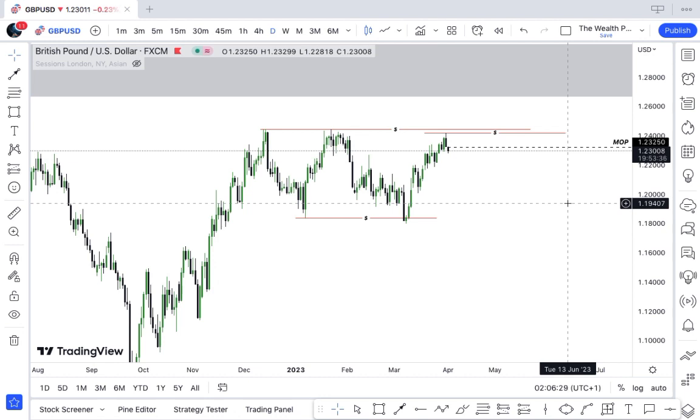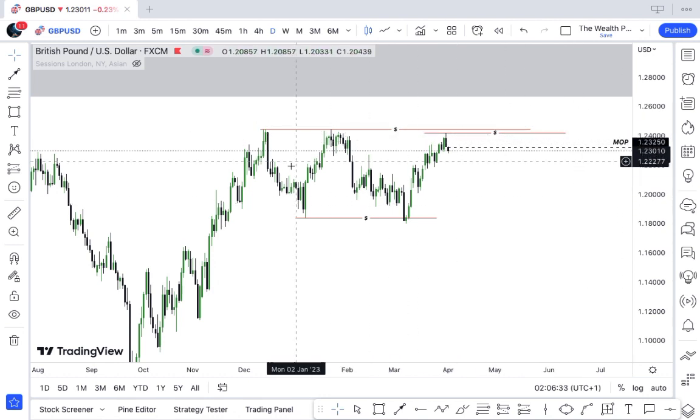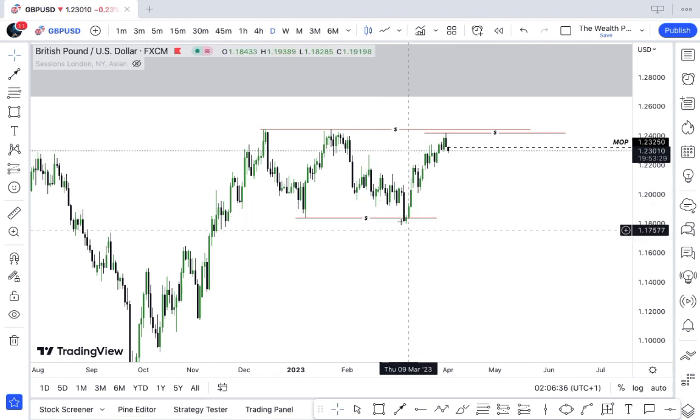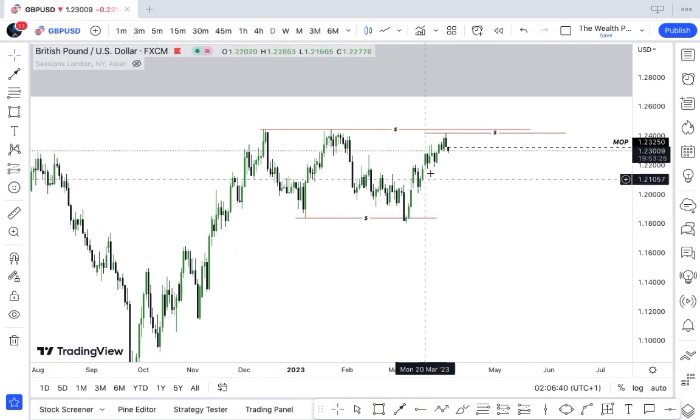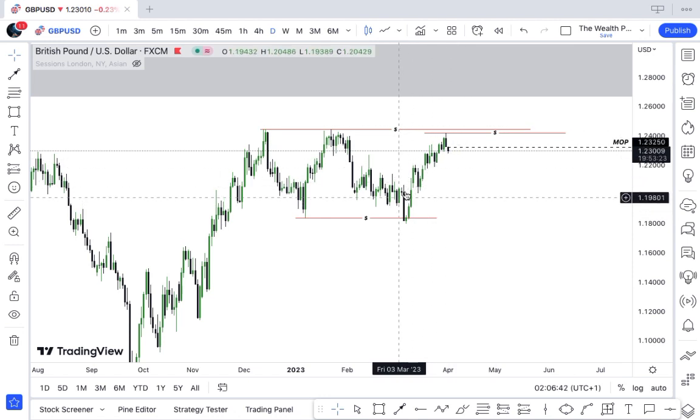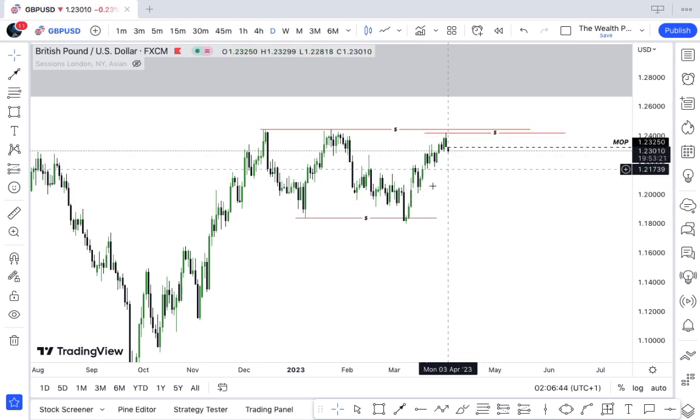Okay, so now let's look at it. Now we have price coming from this discounted level here, and then price is moving in an uptrend. All right, so this point of reversal, let's look at the most recent low and then the most recent high.